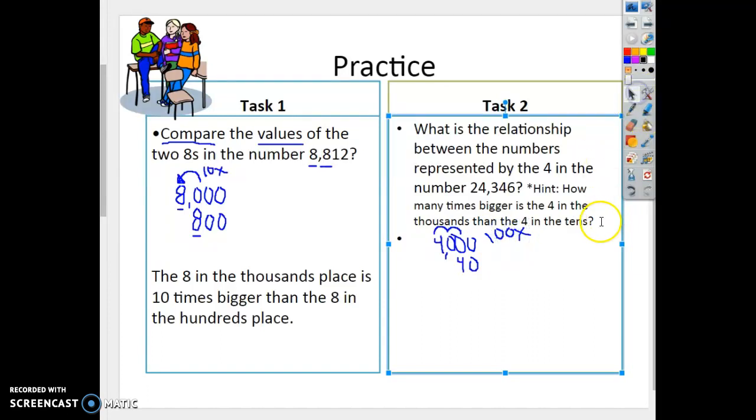So if we were going to write that for an answer, we would say that the 4 in the hundreds place is 100 times bigger than the 4 in the tens place. All right, moving on.